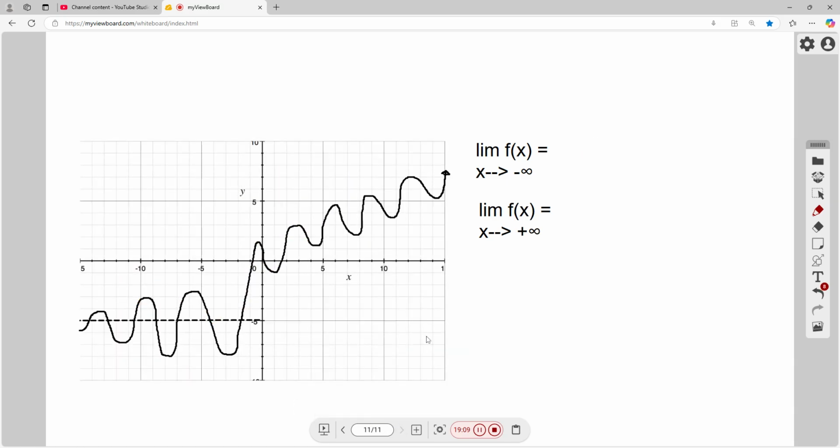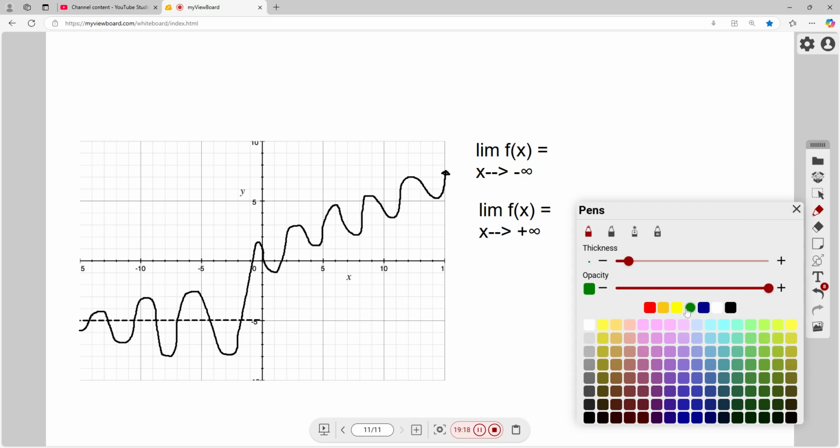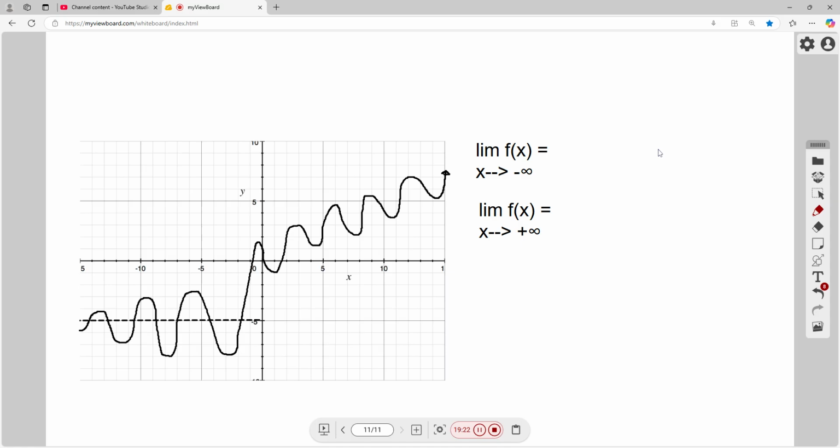Now, the final one is this one. This one's a little bit weird, but it's also pretty simple. The only difference is that for this one, you don't have a really solid answer. You're more seeing that it's closing in. Like here, the limit of f of x as x approaches negative infinity. We're going to go towards negative infinity over here.